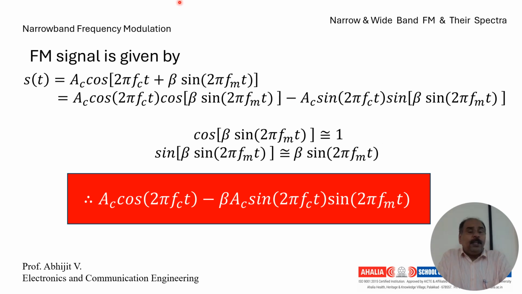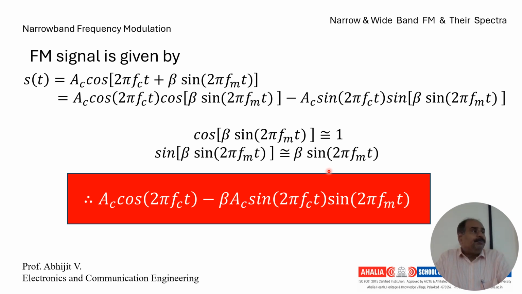Now for a narrowband frequency modulated signal, cos of beta sine 2 pi fm t will be approximately equal to 1. Sine of beta sine 2 pi fm t is also very small, as it approaches 0, so we can approximate sine theta, when theta is approaching 0, or limit theta tends to 0, as theta, right?